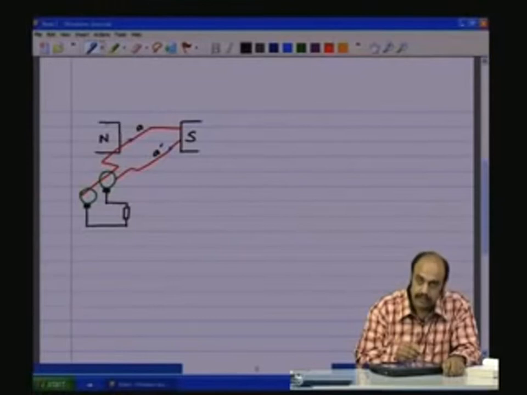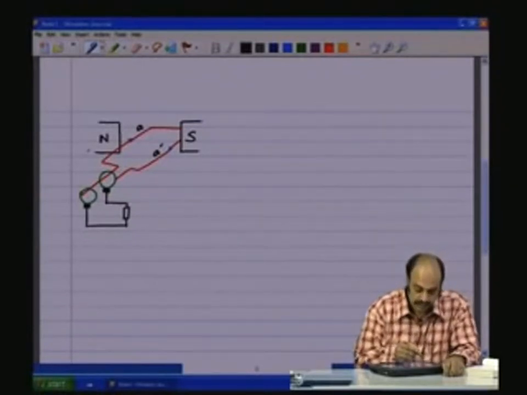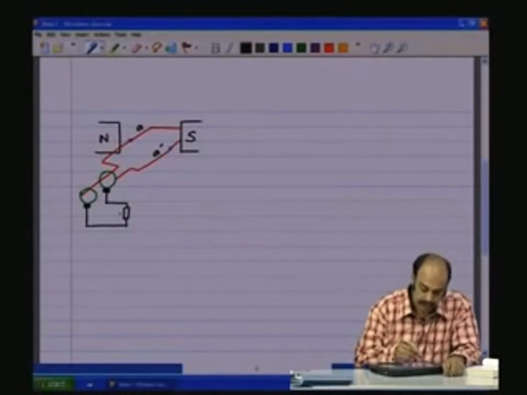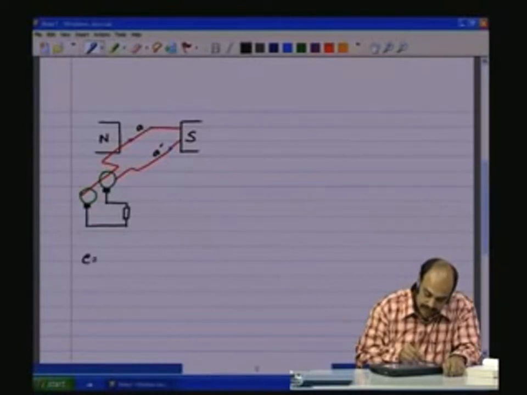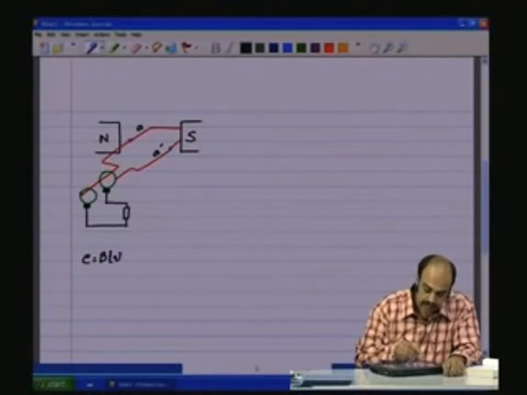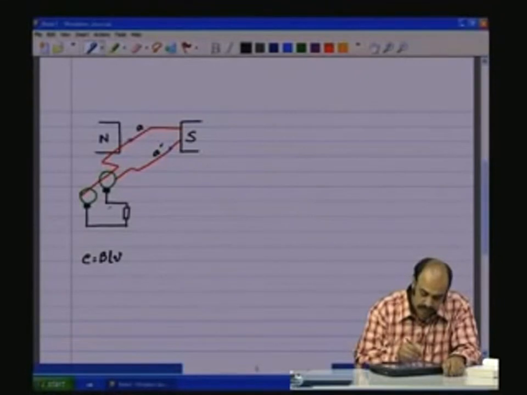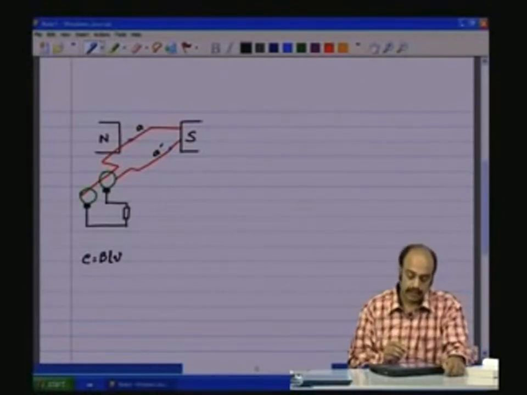As it keeps going in this manner, it takes a sinusoidal waveform pattern in the external circuit. The induced EMF is given by the flux density B, the length of the conductor L, and the velocity with which the conductor is rotating, cutting across the field. So, that would be the induced EMF that one would obtain for every conductor, and there are two conductors and therefore there will be twice as much.